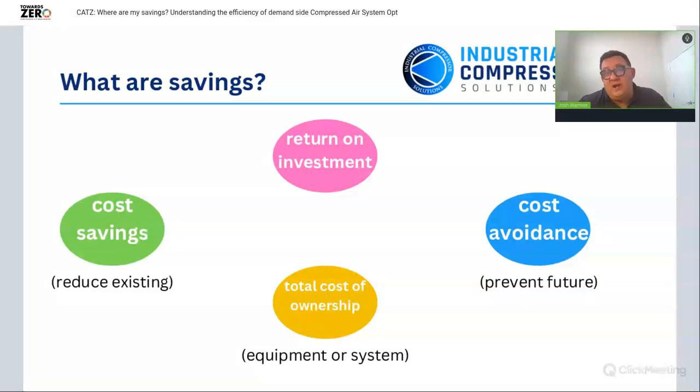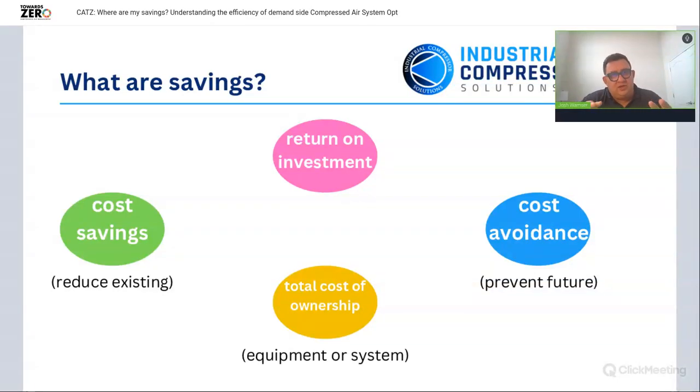Conversely, if we are trying to avoid a future cost, then that is a cost avoidance model. For example, a customer might opt for an extended warranty from the manufacturer or service company that's servicing their equipment. Their expectation is that by taking that extended warranty, they are preventing themselves from having to pay the future cost of an air end rebuild or a motor rebuild.